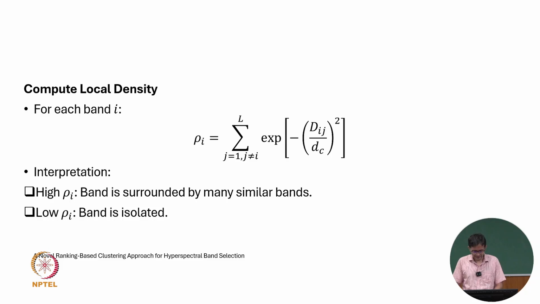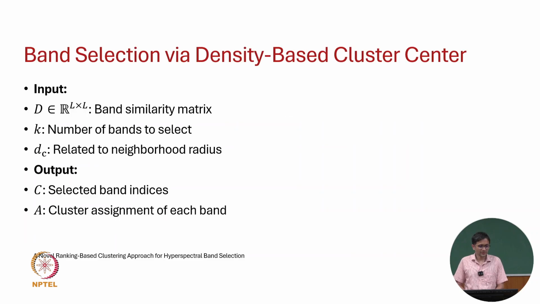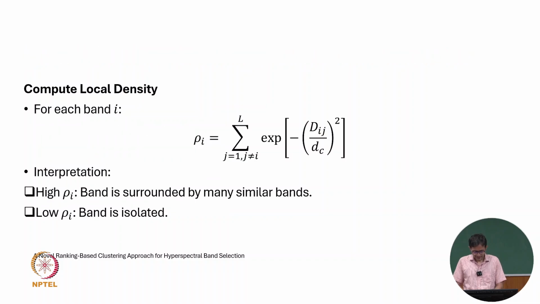So Dij, you already remember from the last slide, is the particular entry from the band similarity matrix, right? Then we are taking a summation outside, okay? So we're doing it for rho i. We are taking the summation from j equals 1 to L, just excluding the ith term.